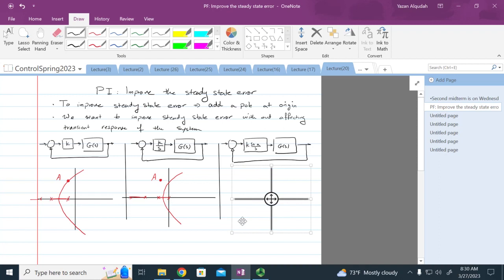And now, what is it we're going to have? We have the pole that we added, and we have a 0 that is very close to it, and we have the original poles of the system.